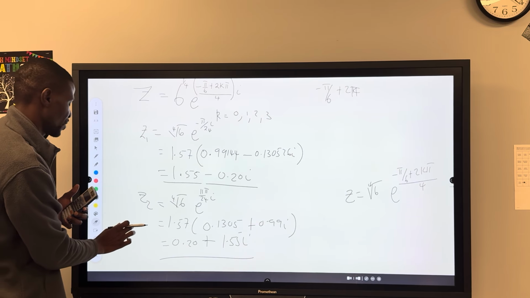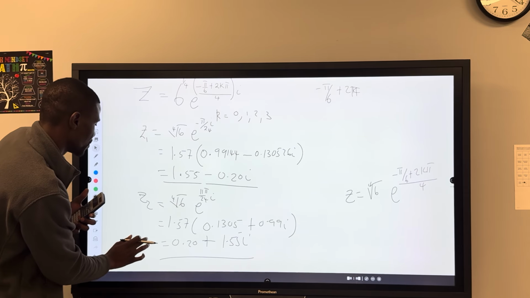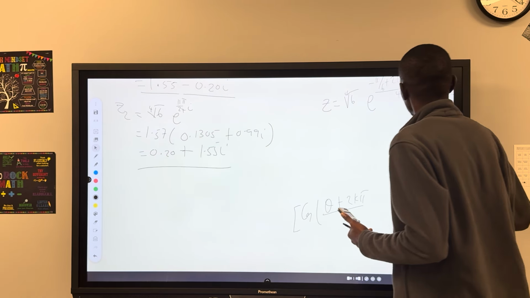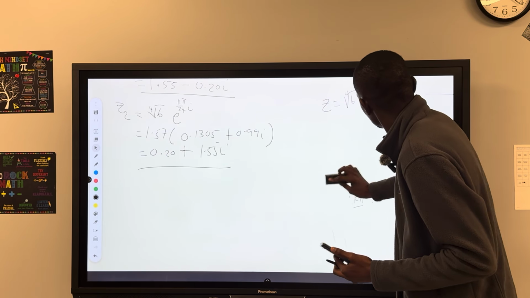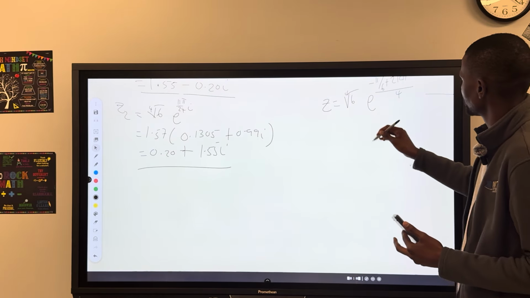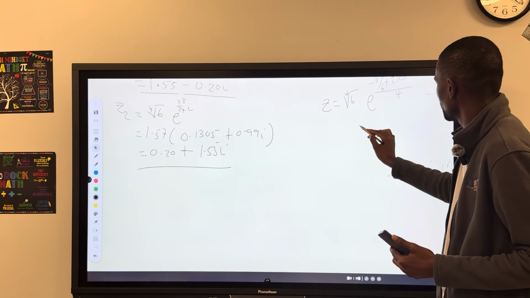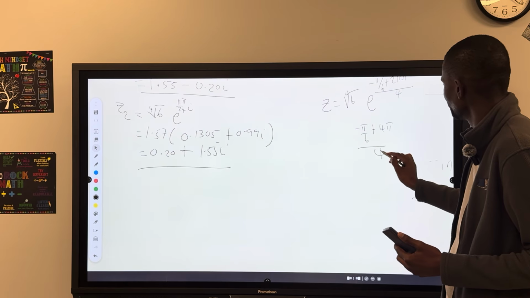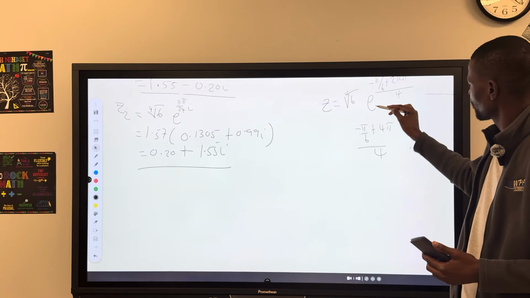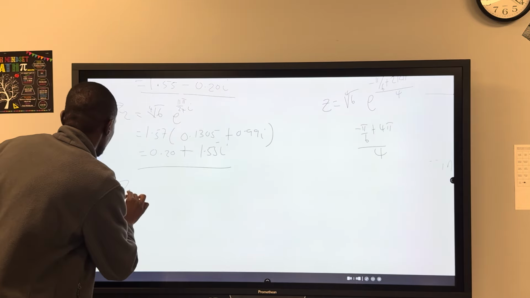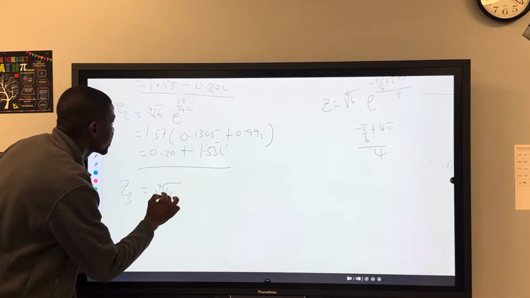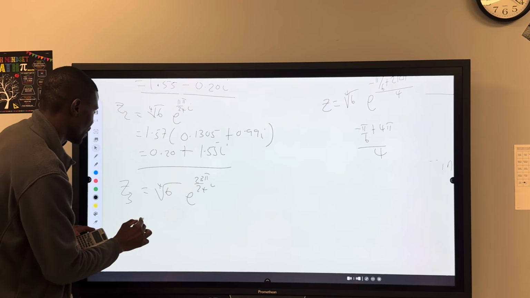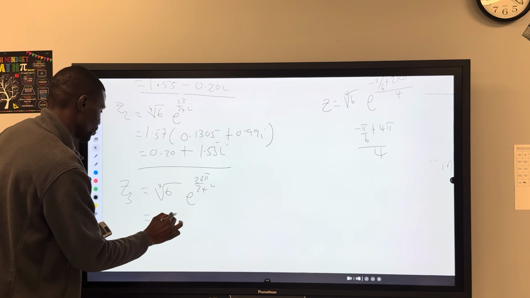Now let's move on to finding the third root. That's when k is equal to 2. So it will be minus pi over 6 plus 4 pi all over 4. So this is 24 minus 1, 23 over 24. So here, our Z3 will be 4th root of 6 e to the 23 pi over 24i. Then we do the evaluations again. This is not going to change.